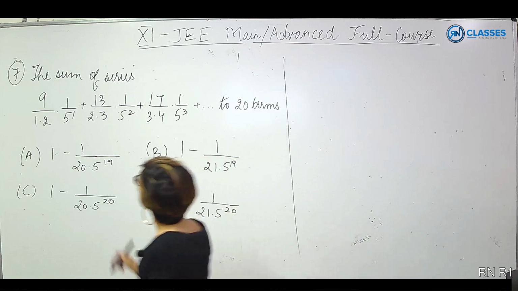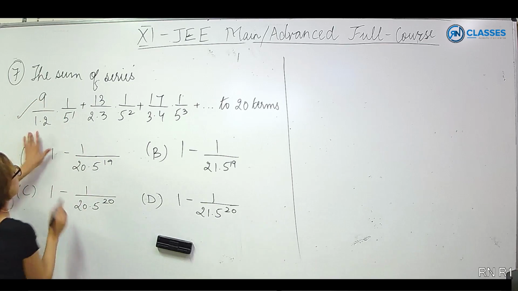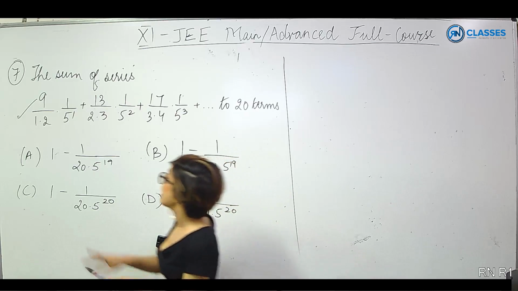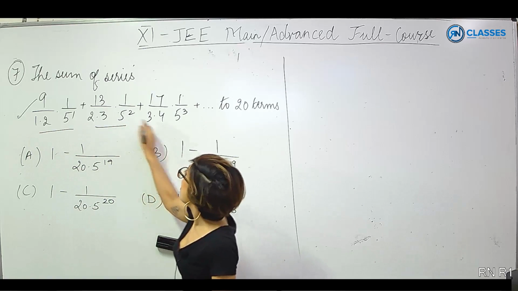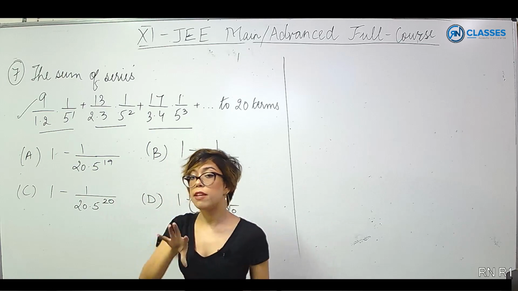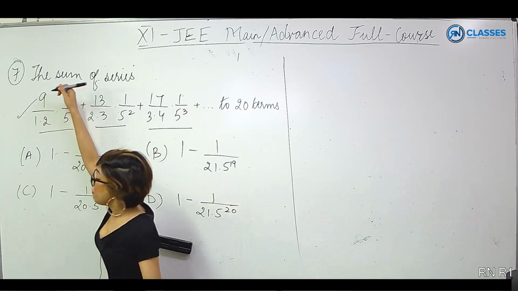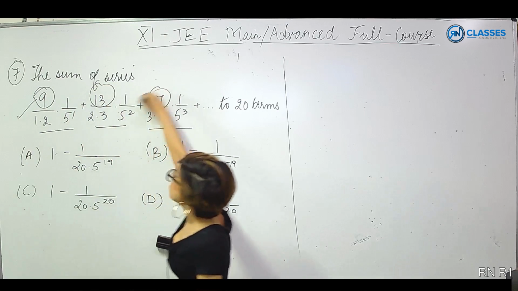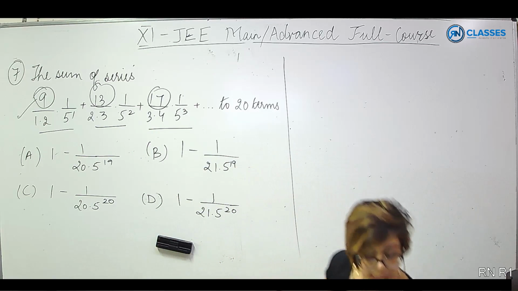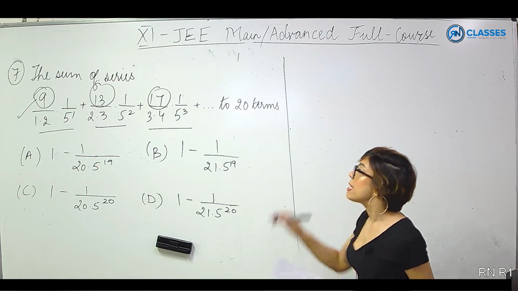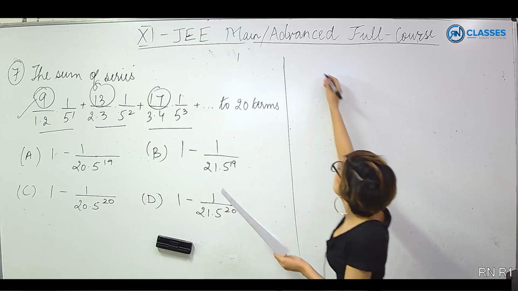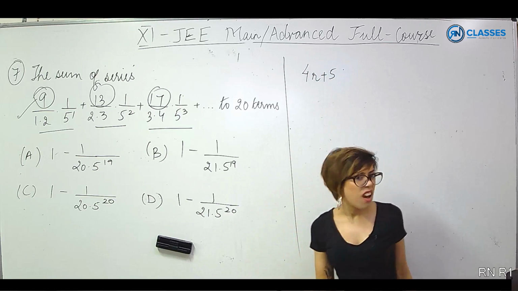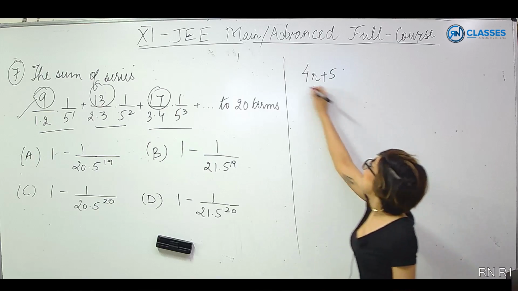That means in order to find the sum of this series, I need to write the general term. So as I can see, in each term I have a product of two quantities. Let me write the numerator of the first quantity: 9, 13, 17. Now, that is definitely an AP. So in the general term, I can write that as 4R plus 5, the Rth term of an AP, not a big deal, divided by.